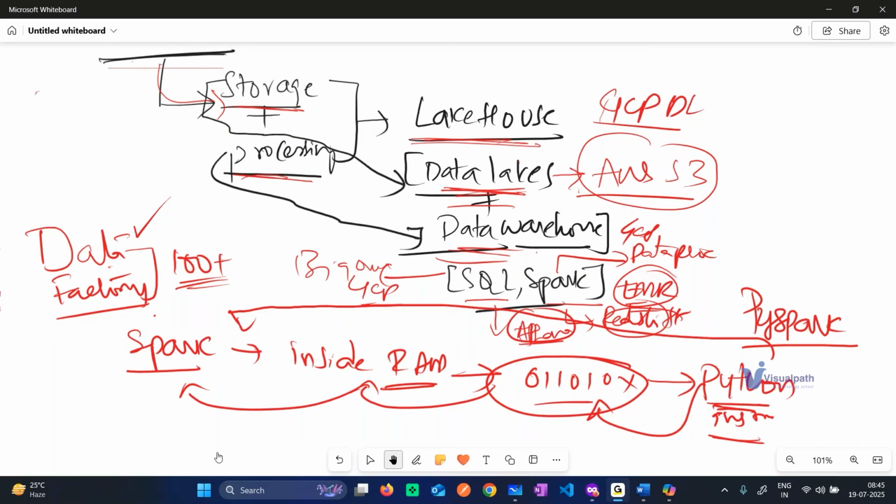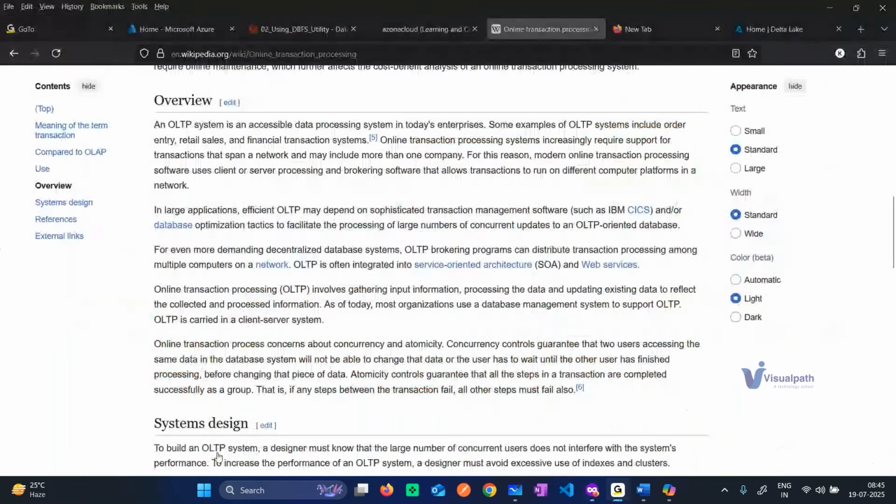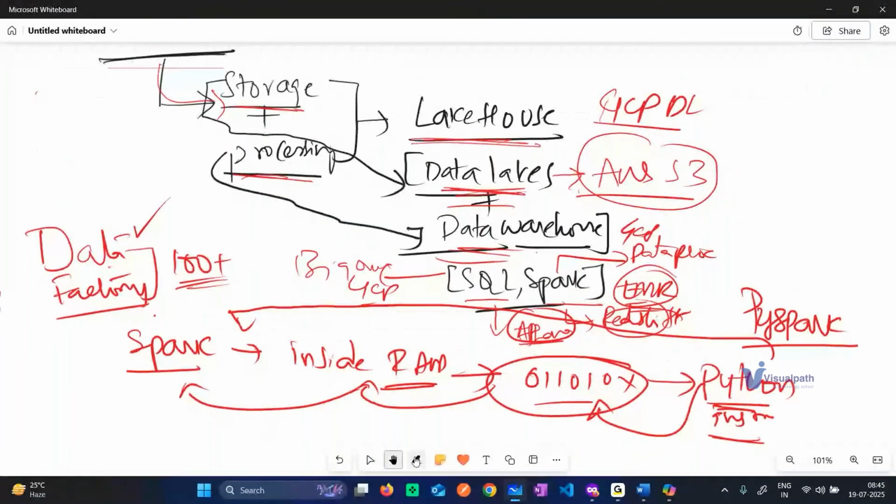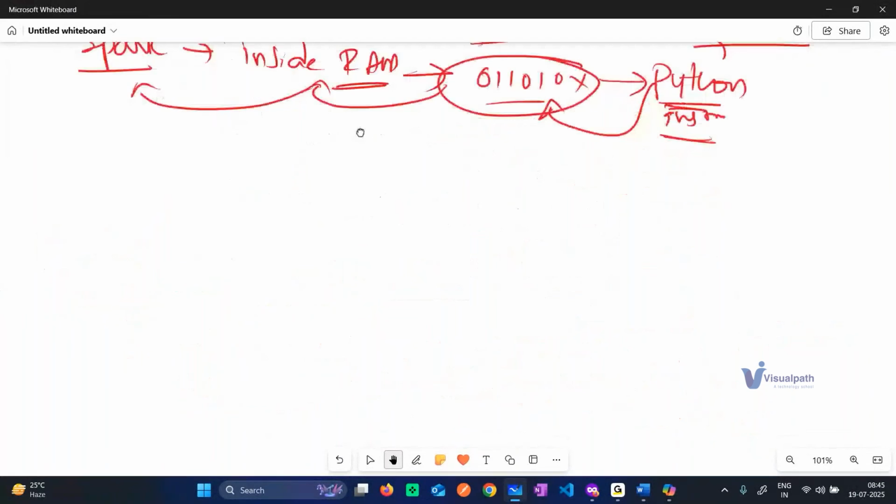Now let me give the analogy. If you look at the data, the data which was given to you is like the raw water. The data is also raw at that time.